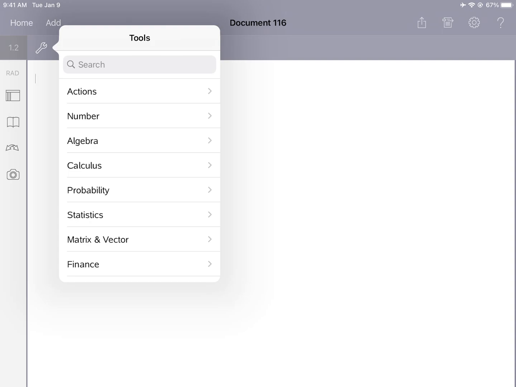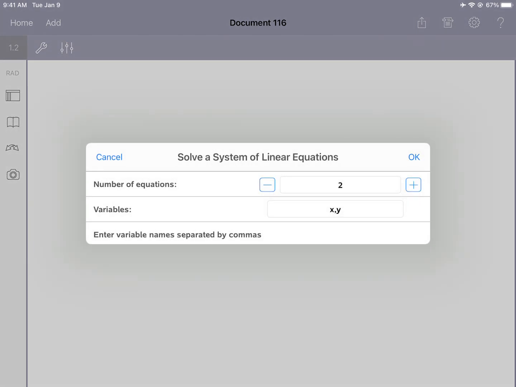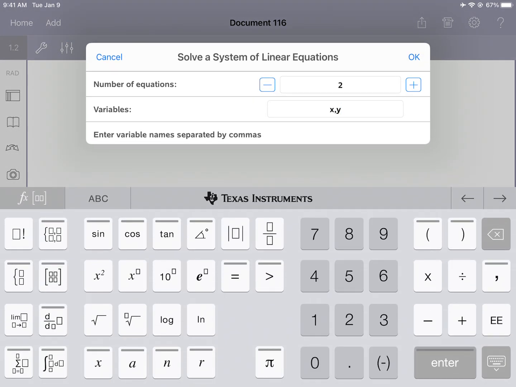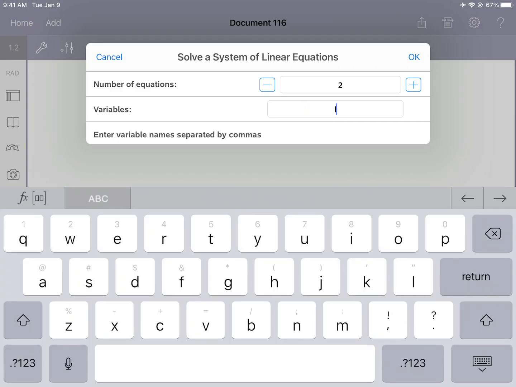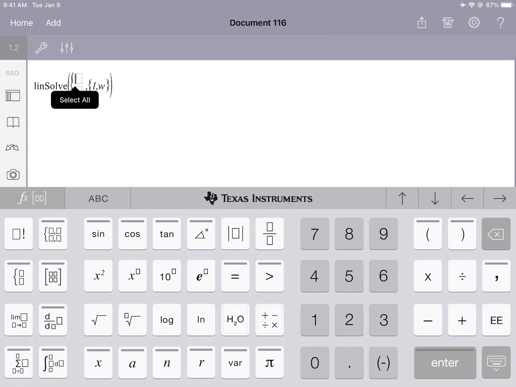Virtual kids, it's the toolbar, algebra, solve systems. We have been leaving this as X and Y, but you can change it. So I want to change it to L, comma, W for my length and my width. That way my equations match exactly what I'm typing in. So now I just type in exactly what we wrote down.